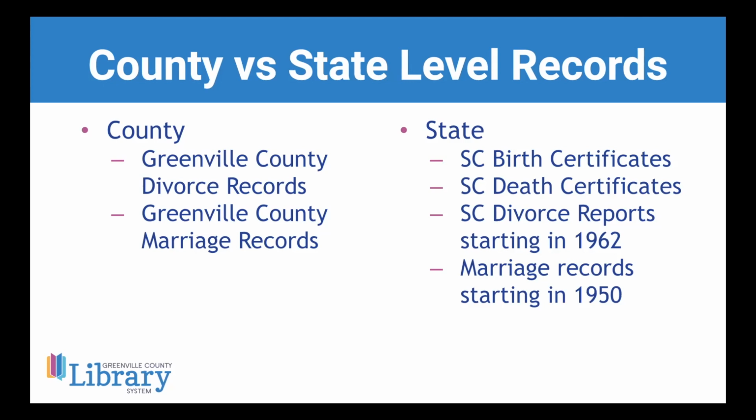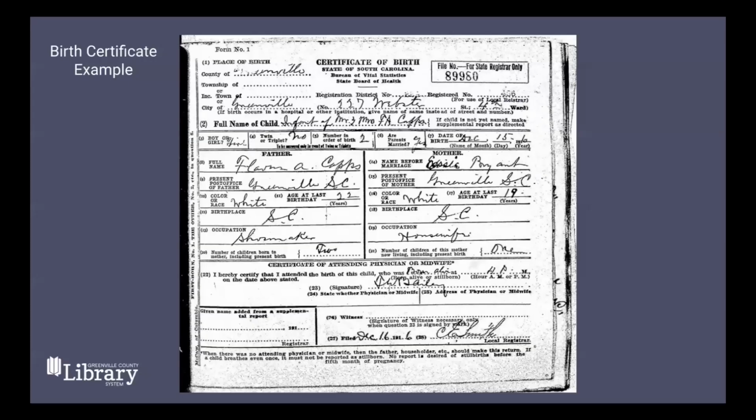Statewide registration of marriages began around July 1950, so the probate office for whichever county and the state Environmental Health and Control will have those. And let's go to our next slide. We're going to look at a couple of examples.